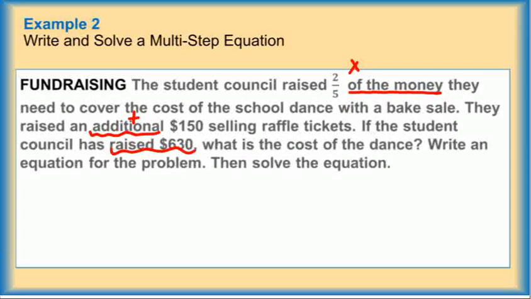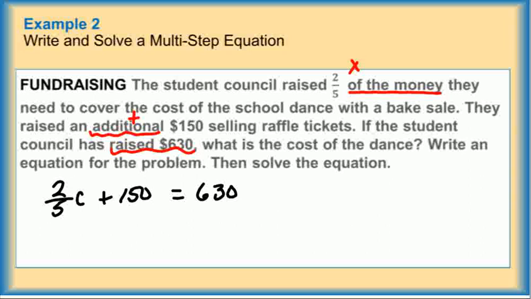So the student council raised 2/5 of what? 2/5 of the money they needed to raise to cover the cost. We don't know the cost, so I'm going to put a C for cost. So 2/5 of the cost they raised, plus the additional $150 they raised, gives us the total raised of $630.